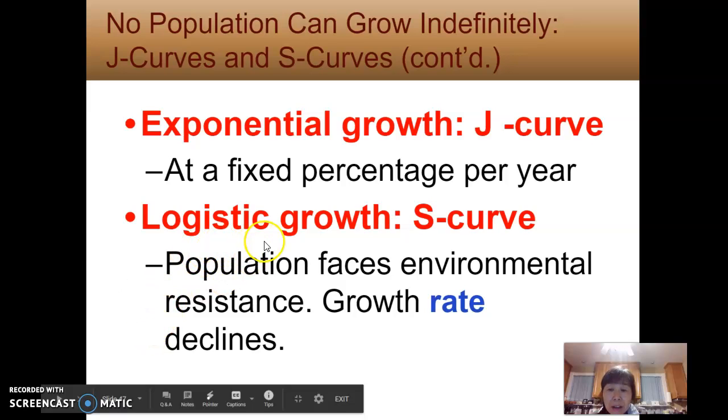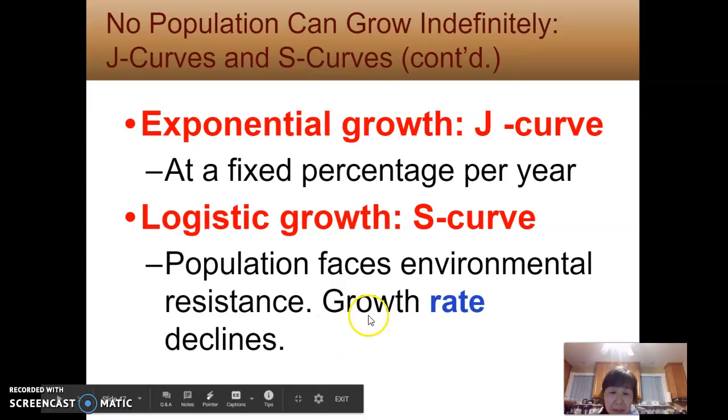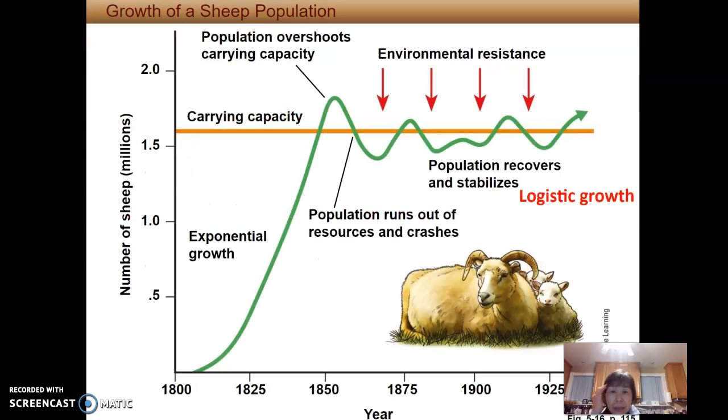And then the other one is called logistic growth. So this one kind of is an S curve. So population faces environmental resistance, so growth rate declines or maintain the same as a death rate and birth rate become equal. They stabilize. So here is a diagram to show you these two concepts.